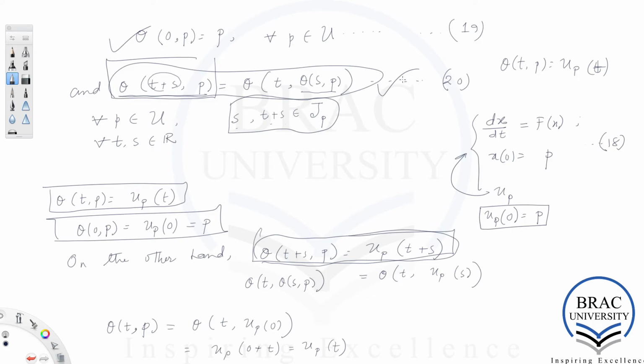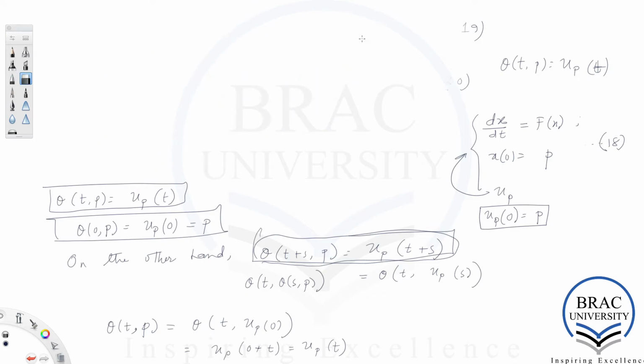So now comes the definition of the action of a group on a set. Let me write it here. For the case in which the identity 20 holds true for all t, s in R, the flow of this vector field F defines an action of the additive group R on the set U. What was the identity 20?